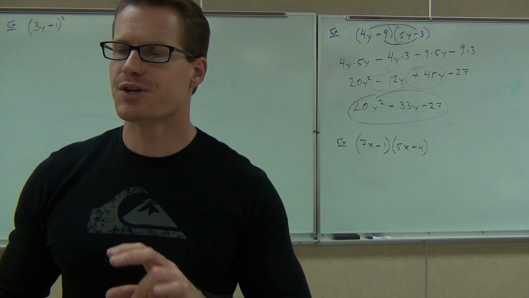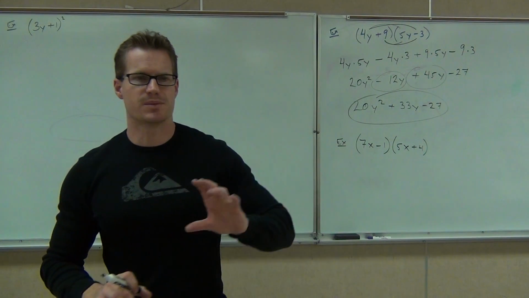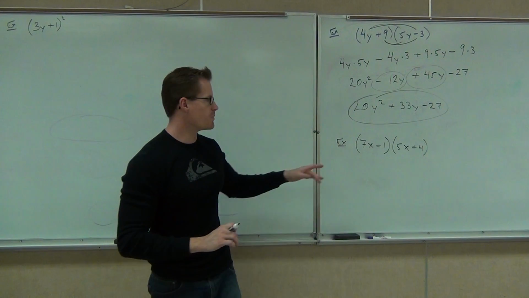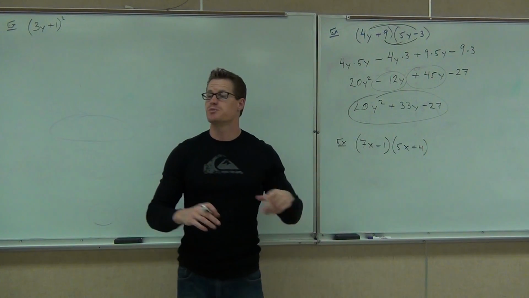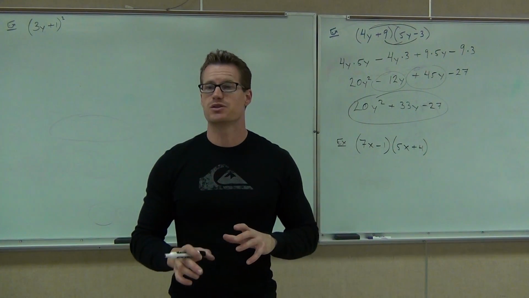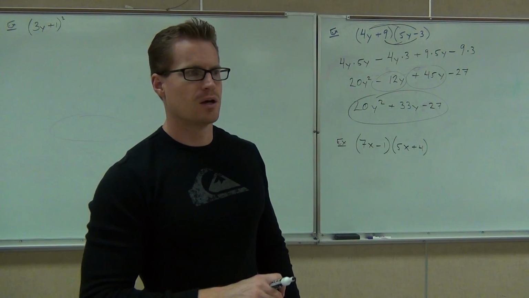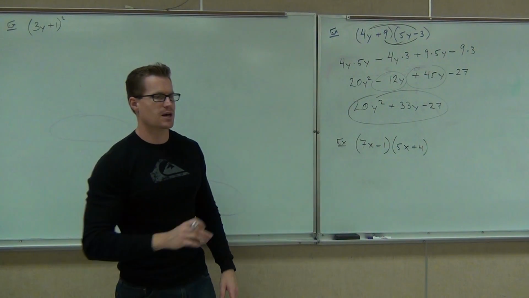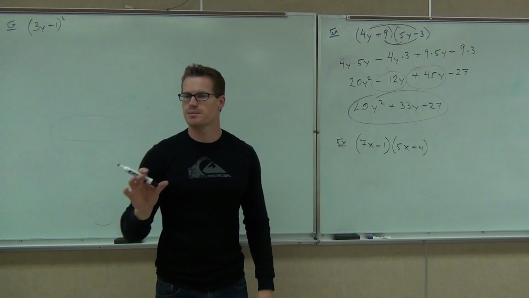Remember, we're taking every term in the first polynomial times every term in the second polynomial. That's what we mean when we have these parentheses next to each other. It means multiplication. The only way we can do that is with distribution. So show in your work, let the signs take care of themselves, then multiply each term times each term.